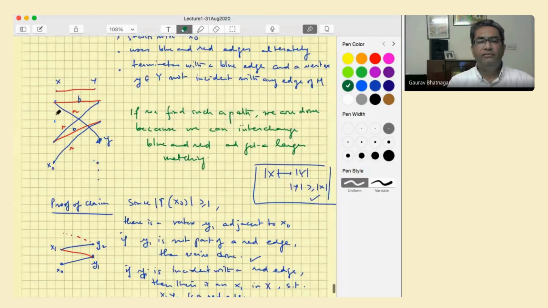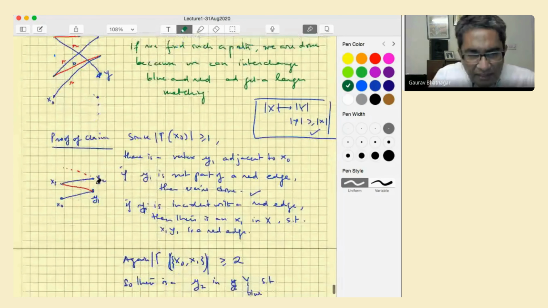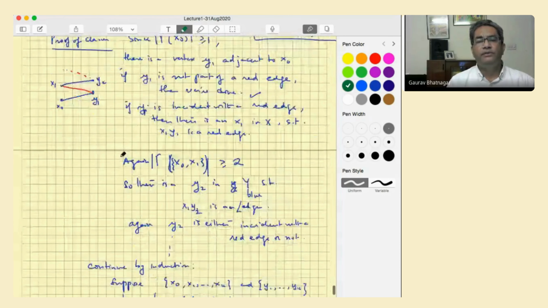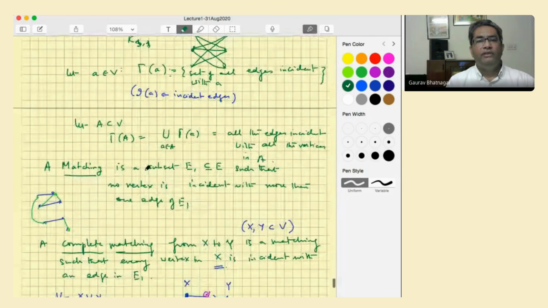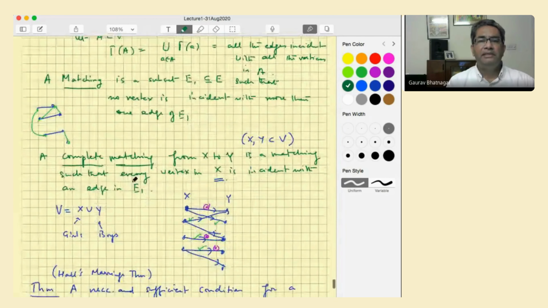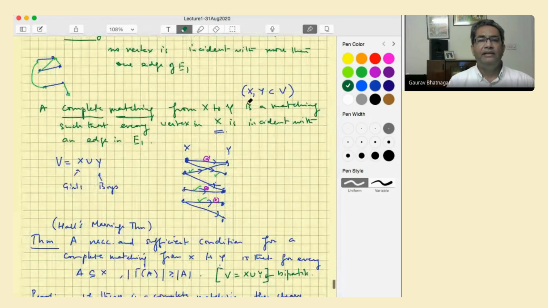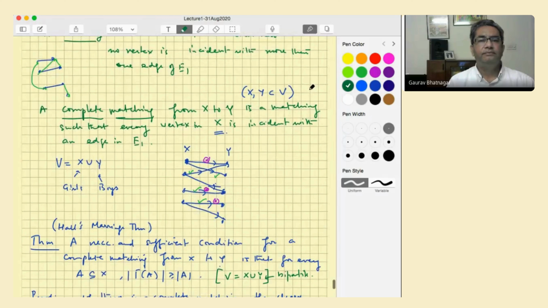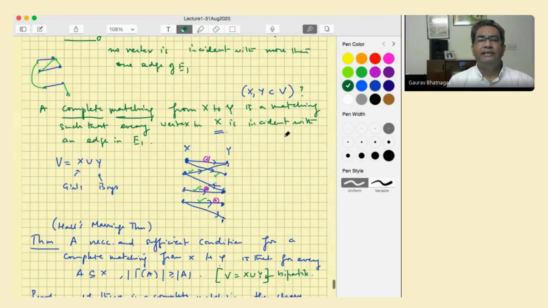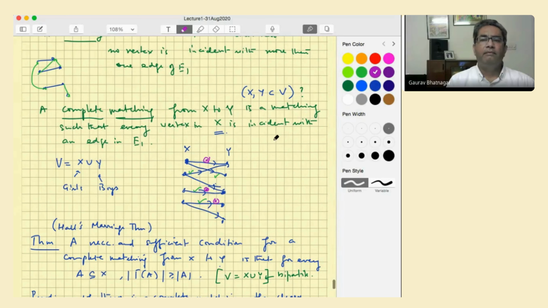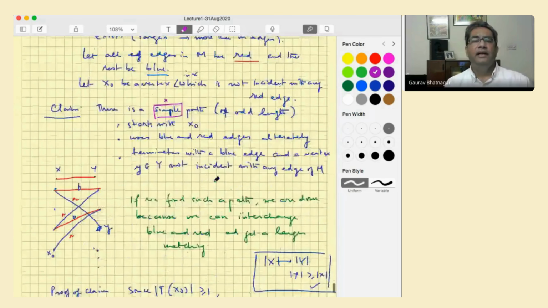I think everything we are doing from here onwards is about bipartite graphs, but it's confusing me why they didn't state this over here. So let's take V equal to X union Y, and I'll confirm this at a later stage.